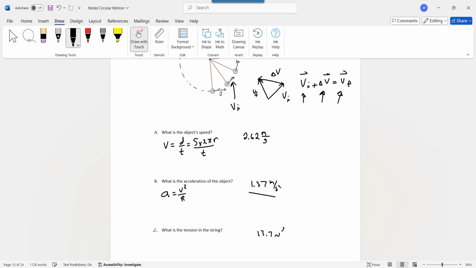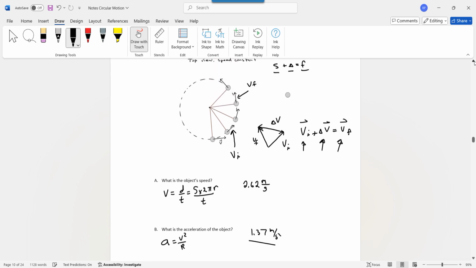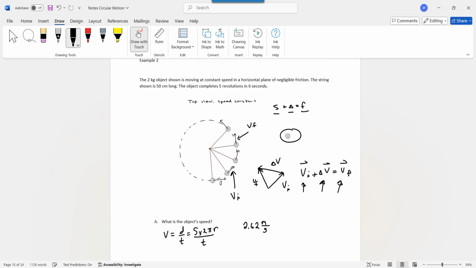Okay, part C: what is the tension in that string? Anytime you use Newton's second law, you should draw a free body. Right here I put a picture of that rock, and I'm going to draw the free body at this location. What location you draw the free body at does not matter. And remember, strings pull.